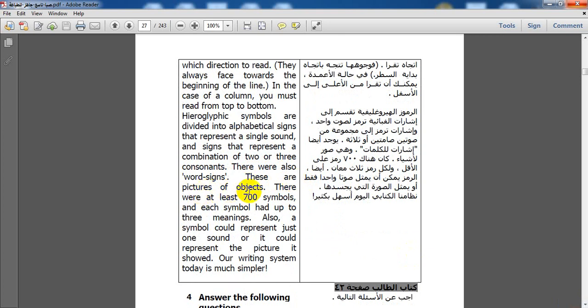These are pictures of objects. There were at least 700 symbols, and each symbol had up to three meanings. Also, a symbol could represent just one sound, or it could represent the picture it showed. Our writing system today is much simpler.